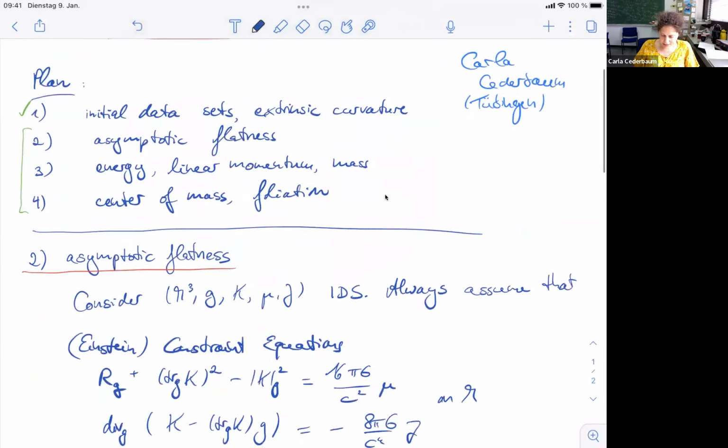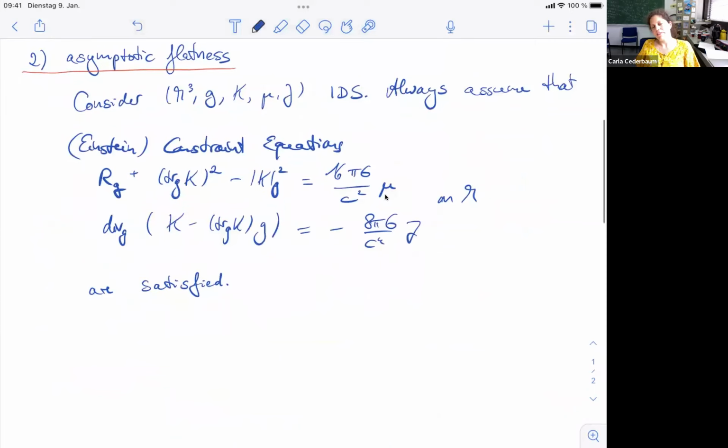And so for the chapter of asymptotic flatness and all the remaining chapters of this lecture, I'll always consider an initial data set (M, g, K, mu, J), which I won't write every time, otherwise I'll be too busy, always assumed to satisfy the Einstein constraint equations that I showed you at the end of yesterday.